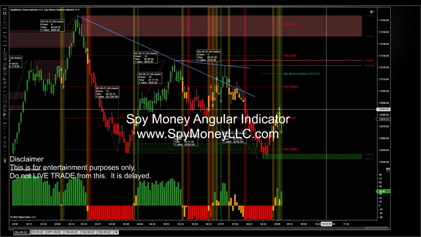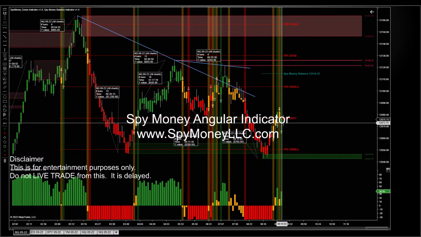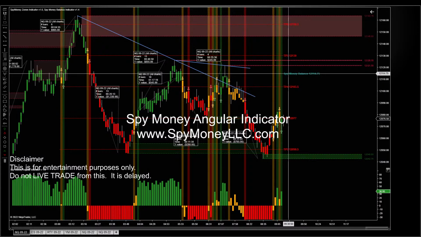It may be into the U.S. session because we're already at 9 o'clock, 9:15. A lot of times this will go up and test that balance at the open. That balance is 114.75.